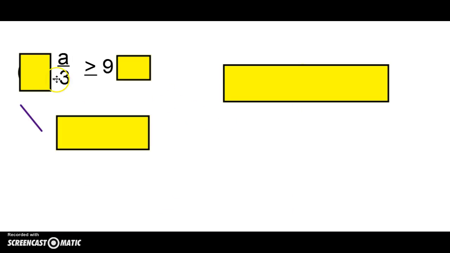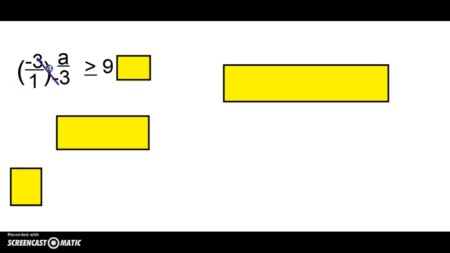All right, same thing. A divided by negative 3, you say what's happening to A? It's being divided by a number, and so you have to multiply, do the inverse operation. The negative 3's cross out. Now we have A alone. If I multiply the left times negative 3, I need to multiply the right times negative 3.